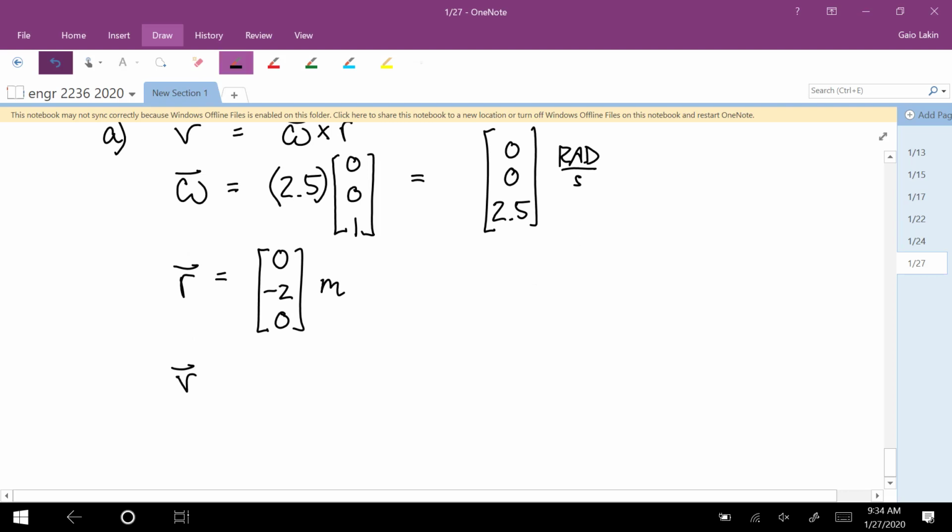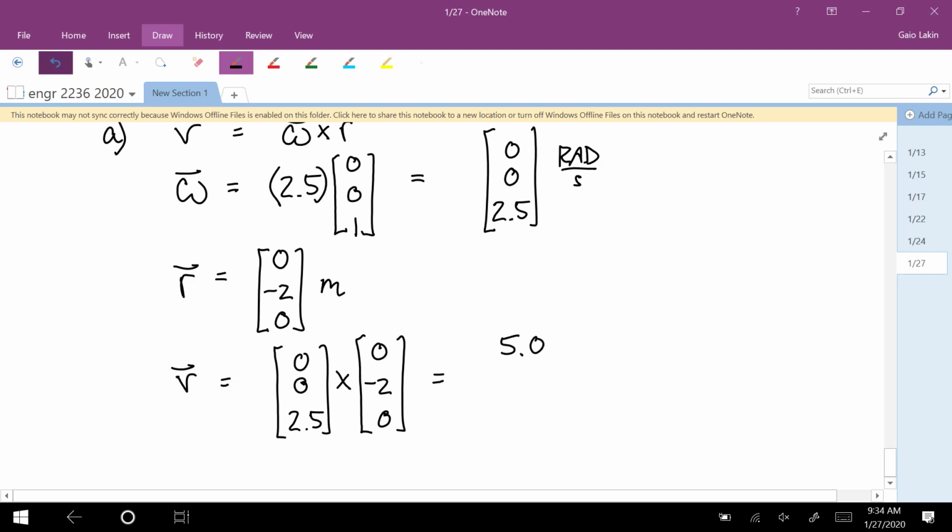So the velocity is 0, 0, 2.5 crossed with 0, negative 2, 0. And that is 5, 0, 0 in meters per second.